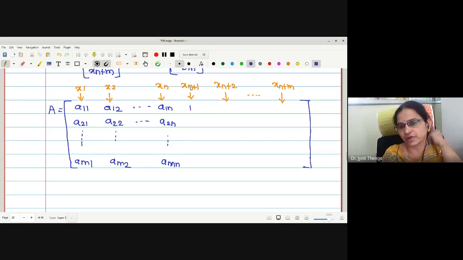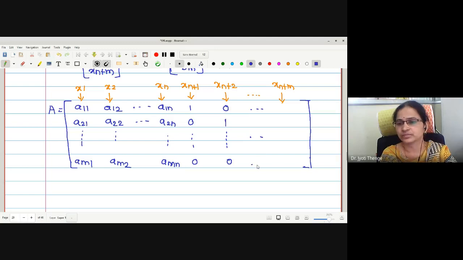What is the coefficient of xn plus 1 in each of the equations? Actually, we have added xn plus 1 only in the first equation. Therefore, the coefficient in the first equation is 1, and for all the rest it is 0. Right? Coefficient of xn plus 2: xn plus 2 is added in the second constraint, therefore the coefficient in the remaining equations will be 0.